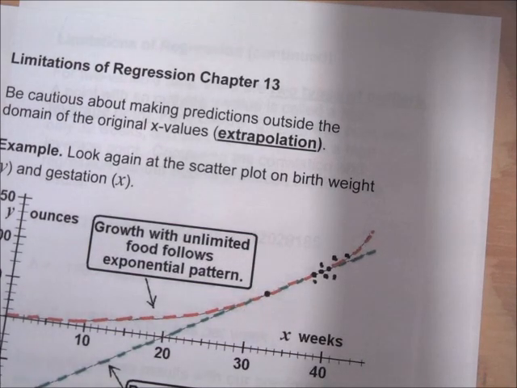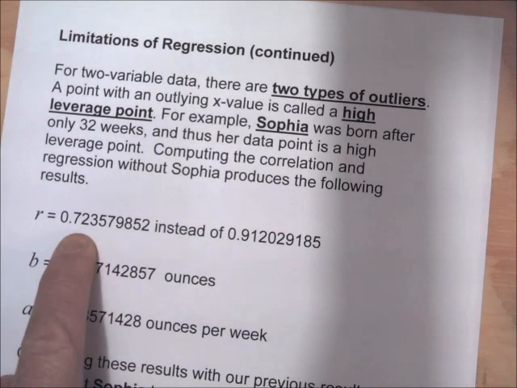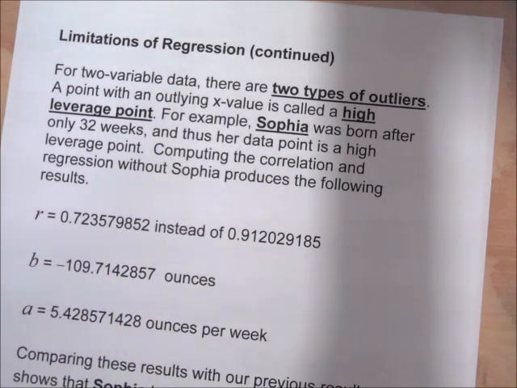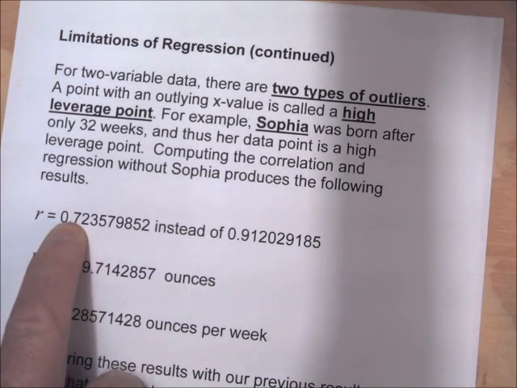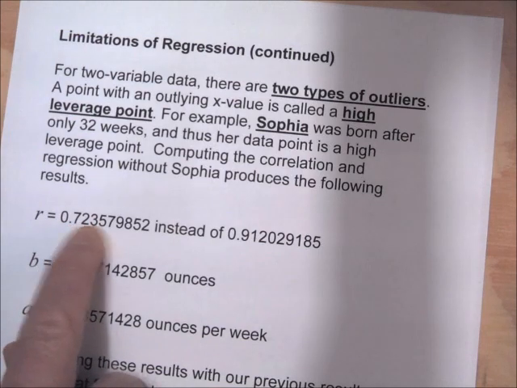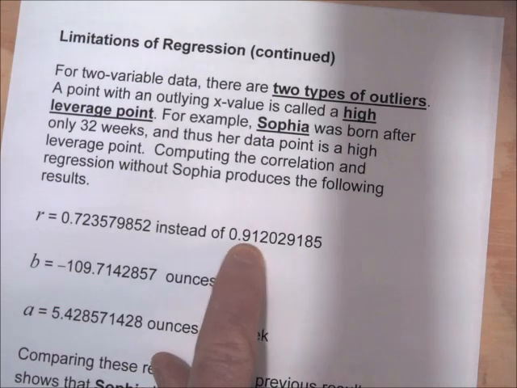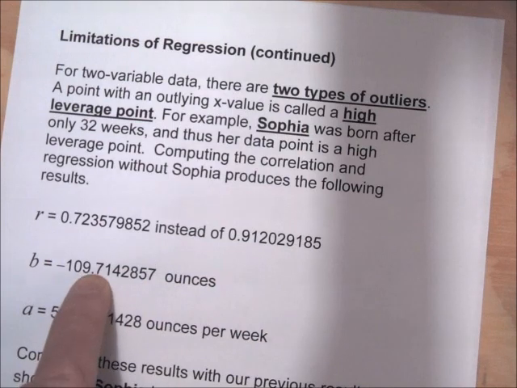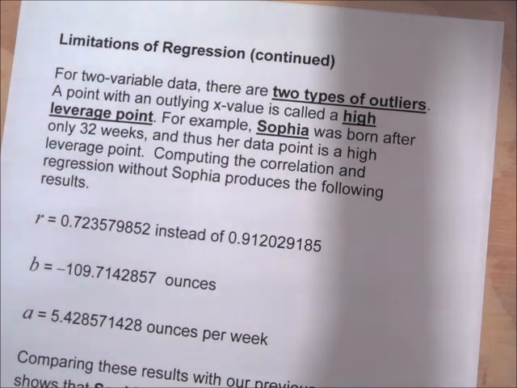So it doesn't really have much effect on the slope or the y-intercept, but it does have a big effect on R. If we compute R without that point, we get a correlation coefficient of 0.7, which I would describe as a moderate positive correlation, compared to a correlation coefficient of 0.9, which I would describe as a strong positive correlation. The slope and the y-intercept are pretty much the same. There's not much change there.